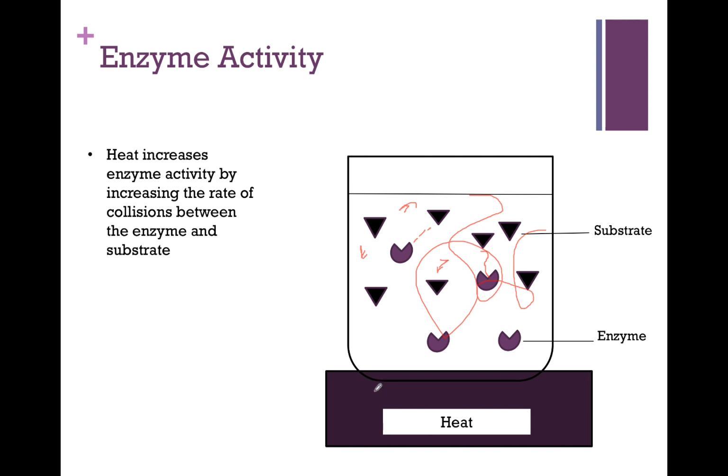If you increase the temperature, you're going to increase the probability that these bouncing molecules are going to collide with one another. So you increase temperature, you increase the rate of collision, and that's just a fact, increasing the rate of a reaction.